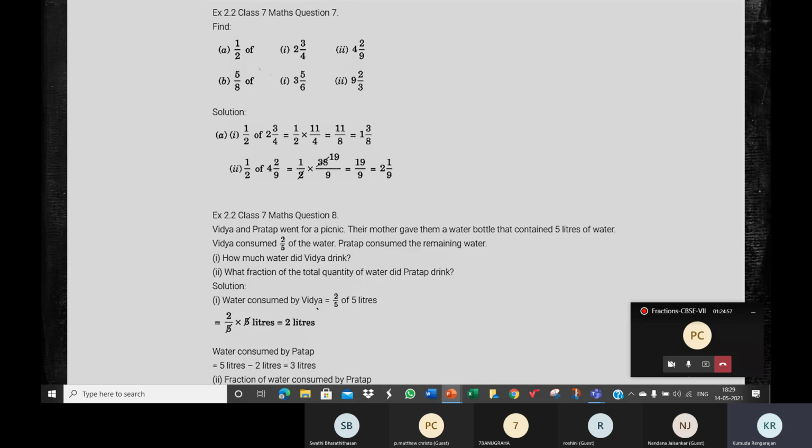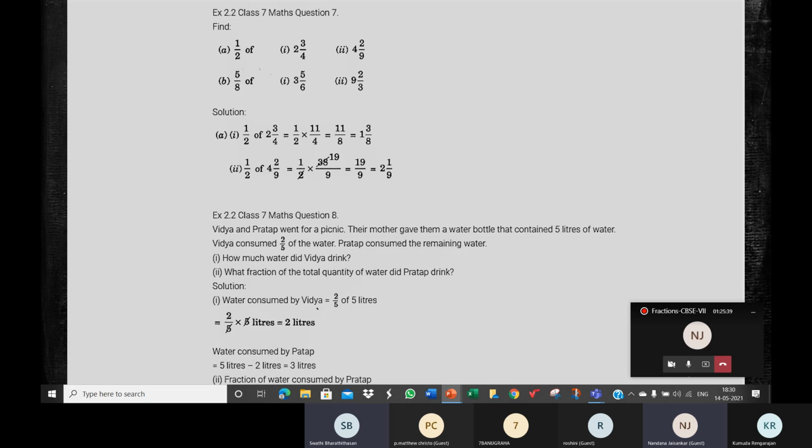What is 5/8 of 3 5/6? What does "of" stand for? Ma'am, multiplication. Okay, what is the improper fraction for 3 5/6? Ma'am, 23/6. So what do you have? 5/8 into 23/6. Can you take any number from the numerator and denominator and simplify? No, ma'am. Then what is the next step? Ma'am, 5 into 23.